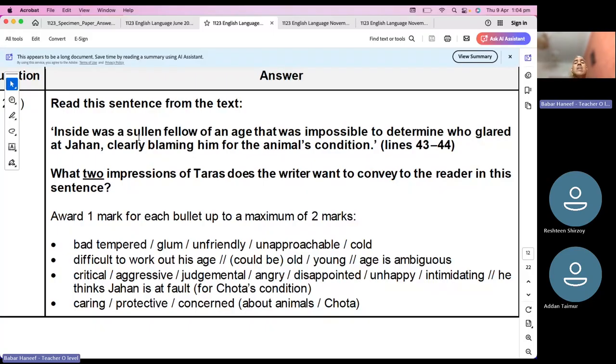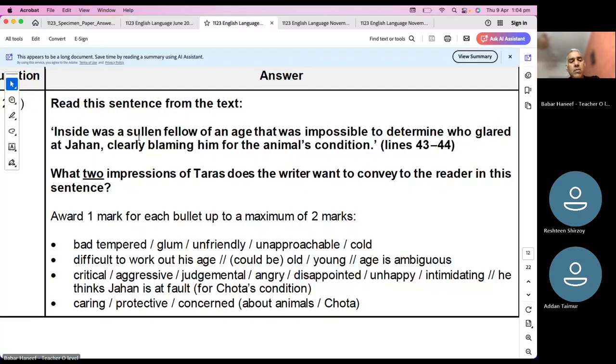When you use the word condition, animal's condition, it shows that you are actually empathizing with the animal, that you're concerned about the animal. You are protective about it. Clearly blaming him also tells us about the judgment. He is being very critical about it.